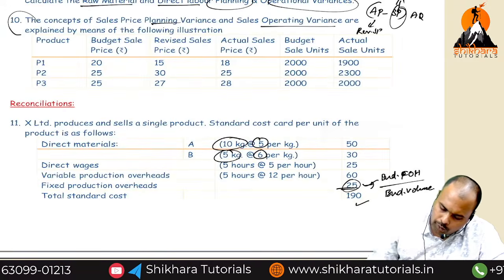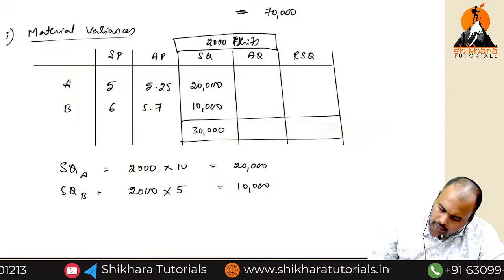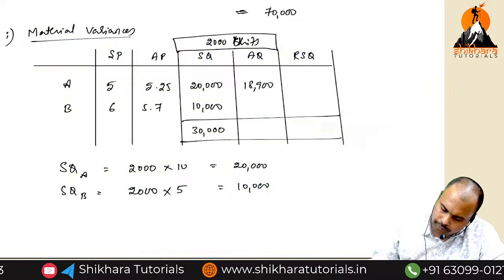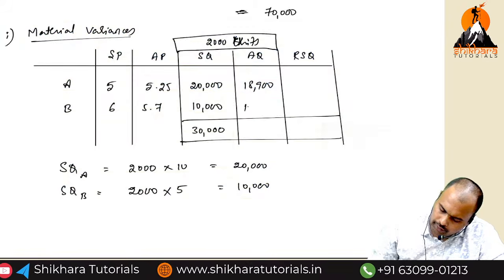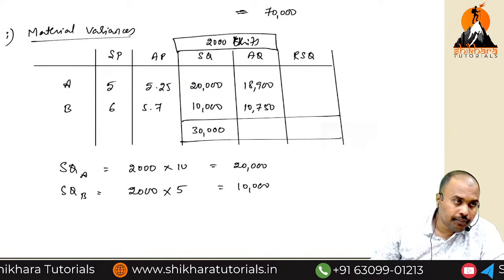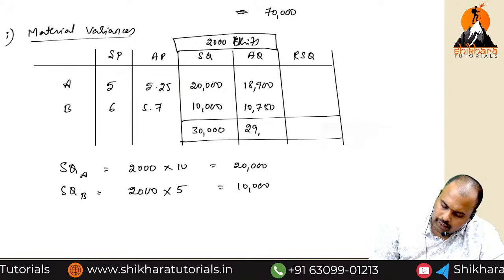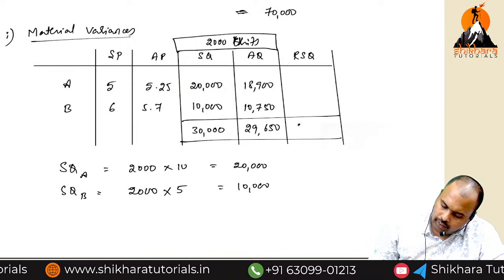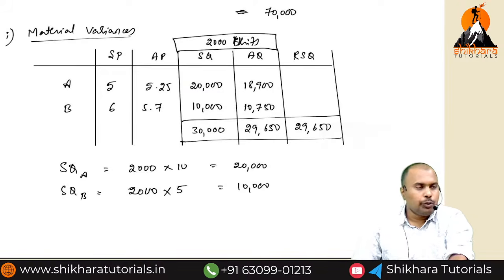And what about actual quantity? They already given 18,900 and 10,750. How much it will be? 29,650. So here also 29,650. That should be in the ratio of 2:1.